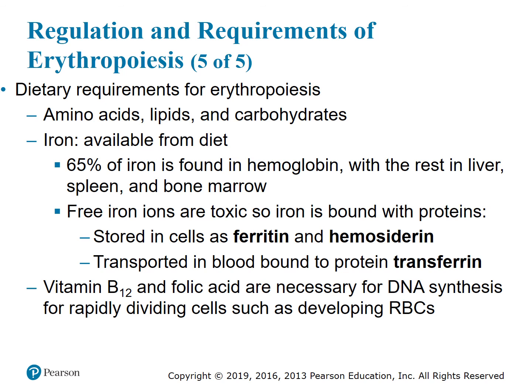It's stored in the cells as ferritin and hemosiderin, and transported in the blood bound to the protein transferrin. Also essential are vitamin B12 and folic acid, which are necessary for DNA synthesis for rapidly dividing cells, such as developing red blood cells.